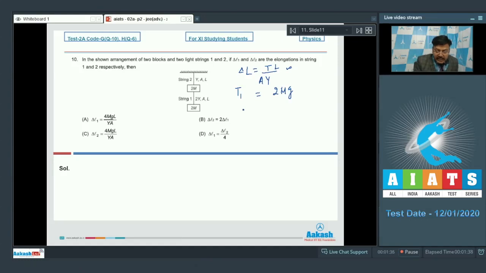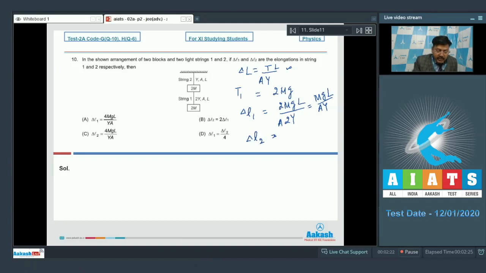So delta L1 will be 2 mg into the length, which is L, divided by the area of cross section, which is A, and Young's modulus is 2y. This simplifies to mgL divided by Ay. So that is delta L1.